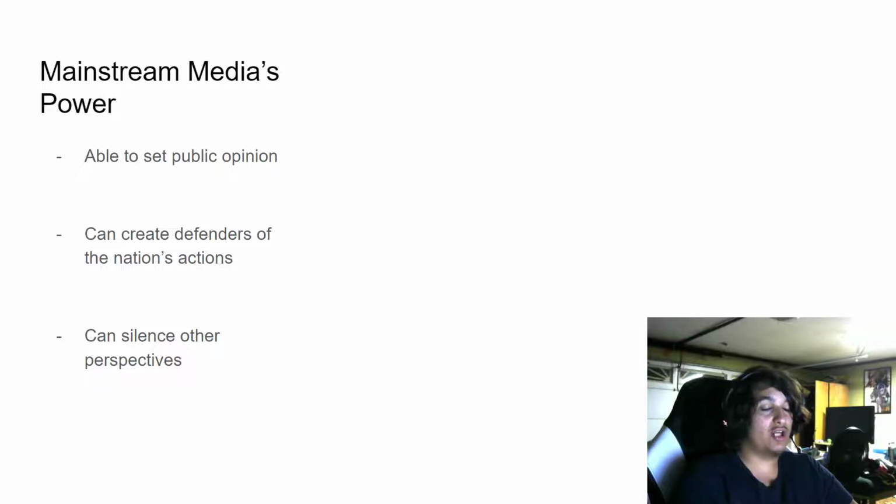They were able to push talking points to help drive things and push people a certain way, especially politically. Mainstream media can create defenders of the nation's actions. If the nation does this and the most popular and well accepted pulpits push that narrative, then people will eat that up and defend it, and it can silence other perspectives.